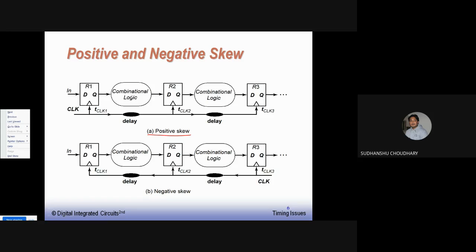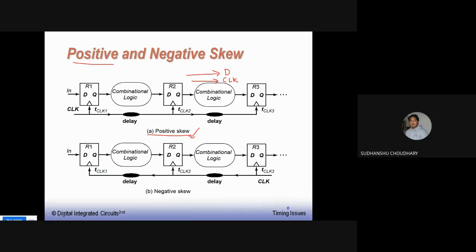For example, here in this circuit, we see that the input data is moving across this chain through register and combinational logic, that is, left to right. And this clock is also moving from left to right. Now in this scenario where the data and clock both are moving in the same direction, positive skew results.